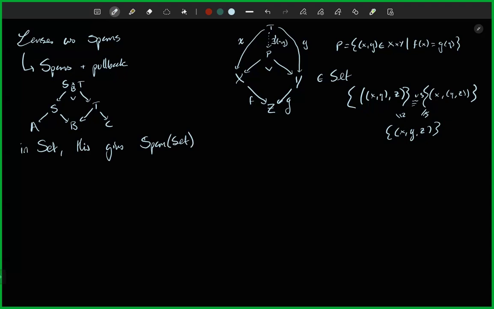It's actually not just a category, or as I've been wobbling here about exactly what it is, it's actually a double category, and that gives us a nice way of understanding exactly what it should be. But now what I want to show you is how we can get lenses as spans, not in Set, but as spans in some other kind of construction.